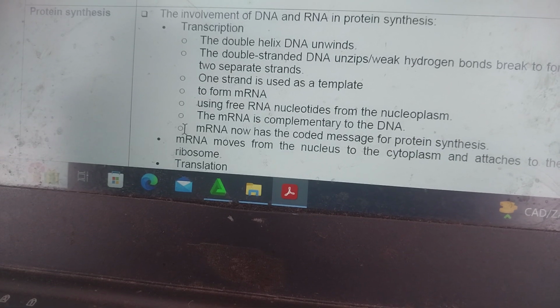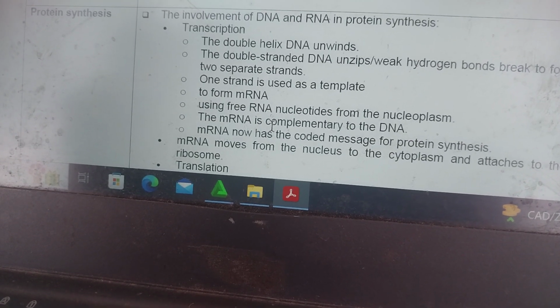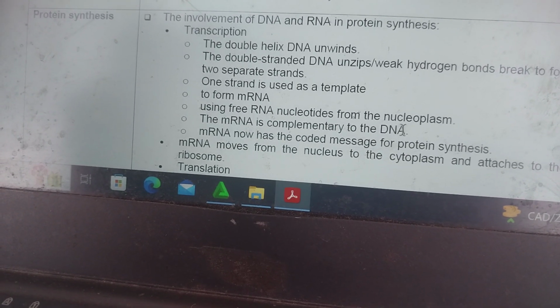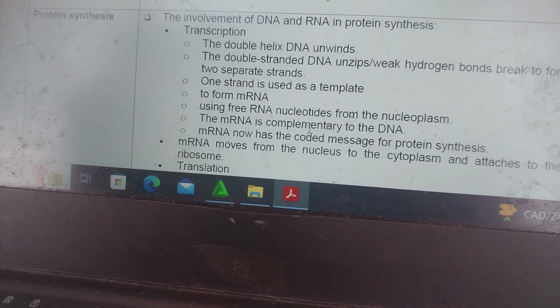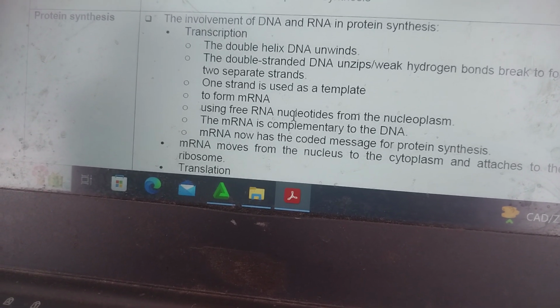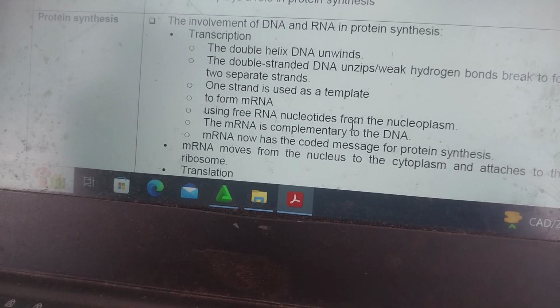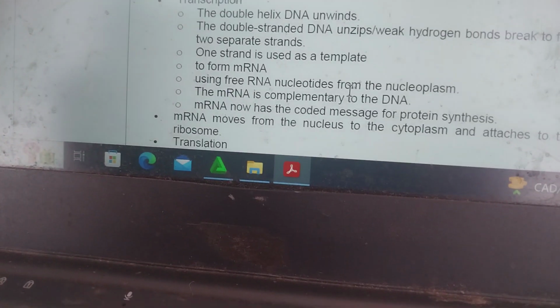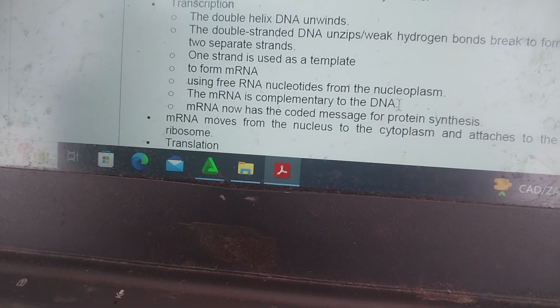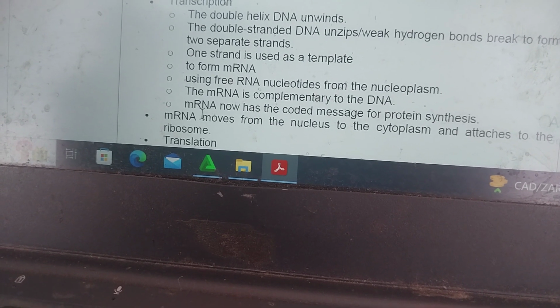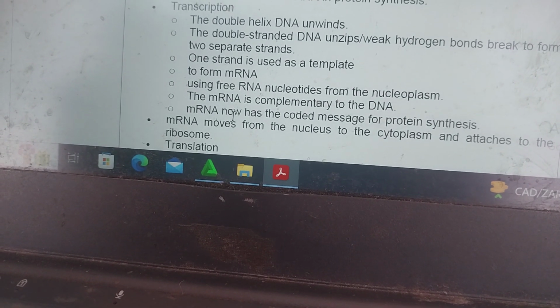The messenger RNA will be complementary to DNA. So you must also know the word complementary, meaning that what you have on RNA must be able to fit onto what you have on DNA.